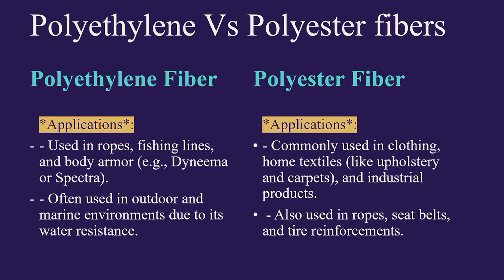Further, they have different applications. Polyethylene is used in ropes, fishing lines, body armors, for example Dyneema and Spectra fibers. And polyester is commonly used in clothing, home textiles, carpets and industrial products.